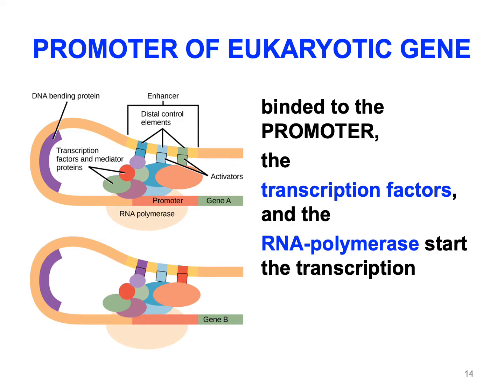You see that in the DNA we have promoters of the eukaryotic gene, which is the starting point of the messenger RNA copying, and this promoter is bound by transcription factors, and if bound by transcription factors, the so-called RNA polymerase enzyme starts the transcription.